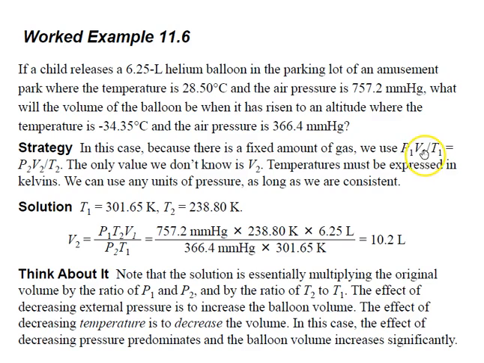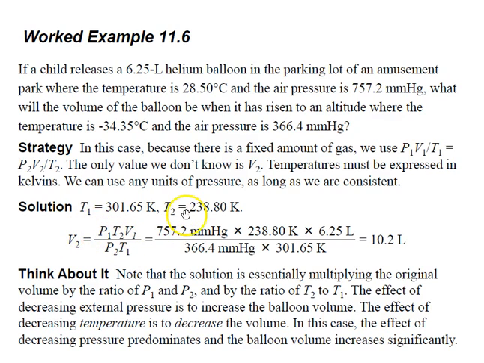What has been performed so far is some algebra to isolate V2. They needed to multiply both sides by T2, which cancels it out on this side. They also needed to divide by P2. And then this just arranges everything, numerator and denominator, all together. Then we can plug in all of our values. The hard part might be actually rearranging this using algebra, so practice that if you need to.